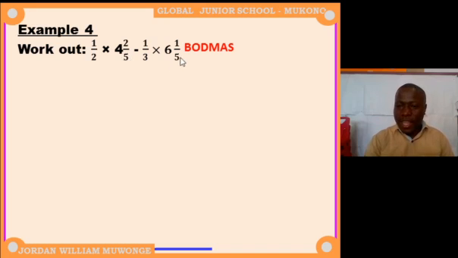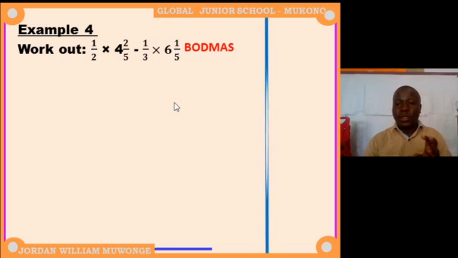Then another mixed number we are having is 6 and 1 out of 5. The first step is first of all to change those mixed numbers to improper fractions. Remember, for you to change a mixed number to an improper fraction, you should have denominator times whole number plus numerator, out of the denominator.